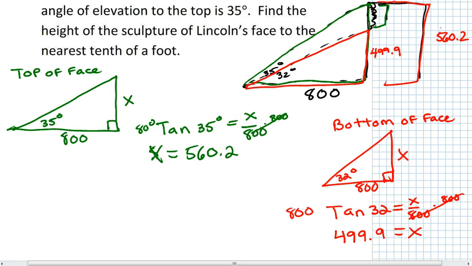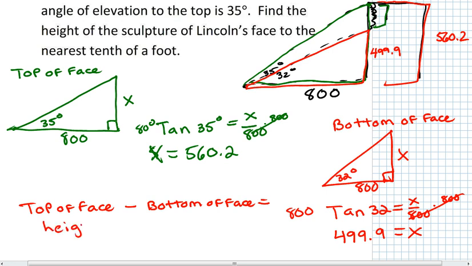So basically, you can take the top of the face and subtract the bottom of the face. And that'll give you the height of the sculpture.